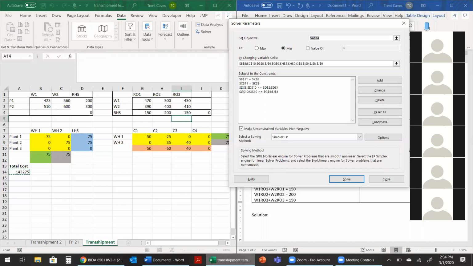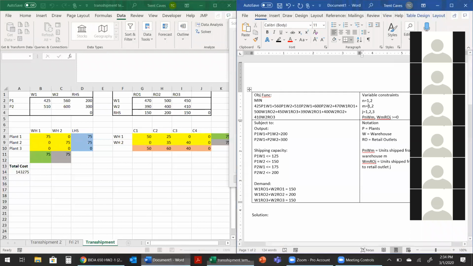So those remind us of 2 additional constraints: that the amount that warehouse 1 receives from the 2 plants has to be equal to the amount that it sends out.